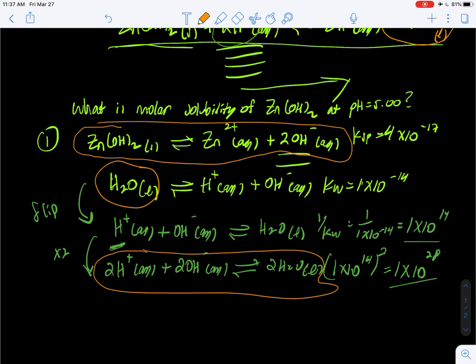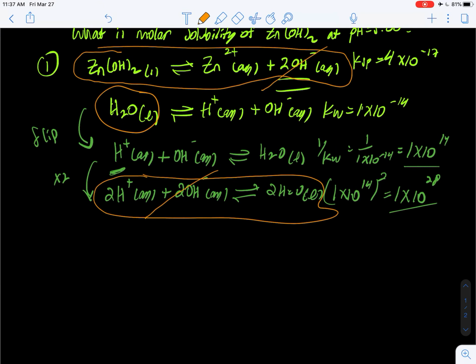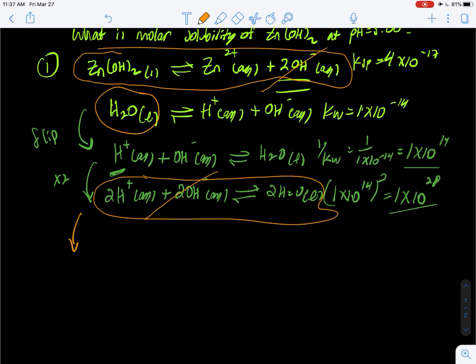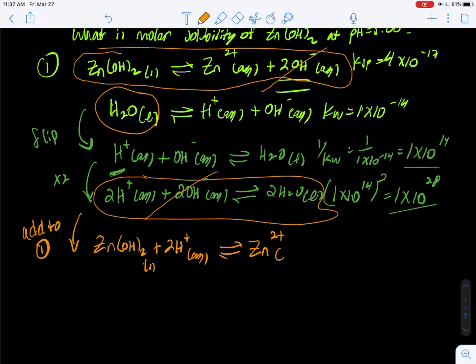And we'll do a little bit of simplification here in our head. The two hydroxides on the left and the two hydroxides on the right are going to cancel. So we're going to add the orange equation here, this green equation here, to equation 1. We're going to get zinc hydroxide solid plus 2H plus in equilibrium with zinc ion and 2 waters.